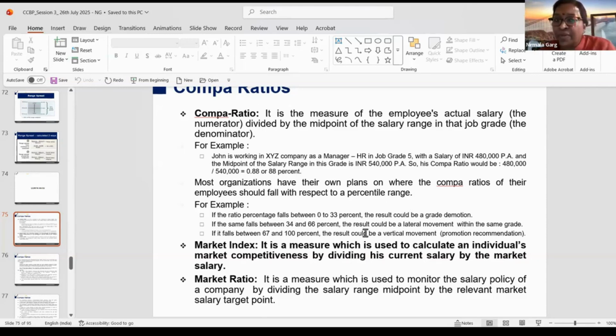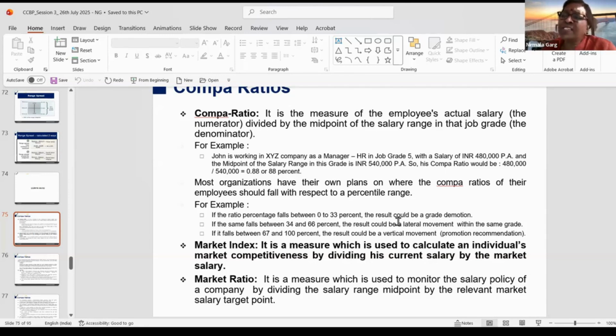So divided by the midpoint will give that compa ratio. So compa ratio can be in terms of what? Decimals, or you also can measure it in percentage. Okay. So for example, when a compa ratio is 100%, that means he is at the midpoint of that band. But if he is at 80%, he is before the midpoint. If he is 110%, he is after the midpoint.